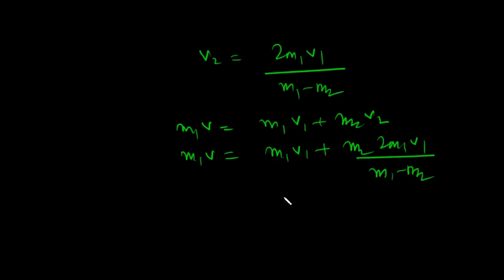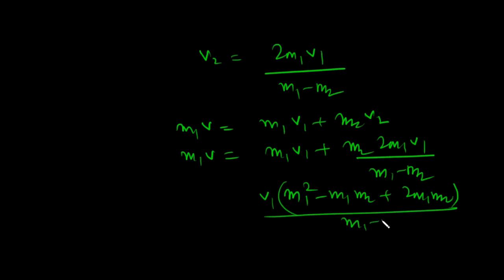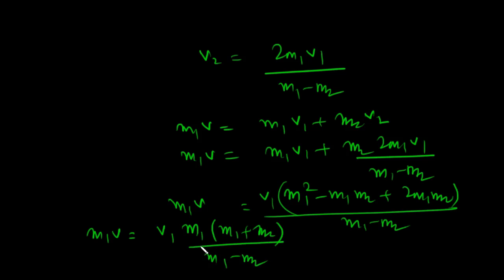Taking this expression over here, we have (m1 square minus m1 m2 plus 2 m1 m2) times v1 divided by m1 minus m2 equal to m1 v. So we have m1 v equal to v1 m1 times (m1 plus m2) divided by m1 minus m2. m1 gets cancelled, so v1 is (m1 minus m2) upon (m1 plus m2) into v.